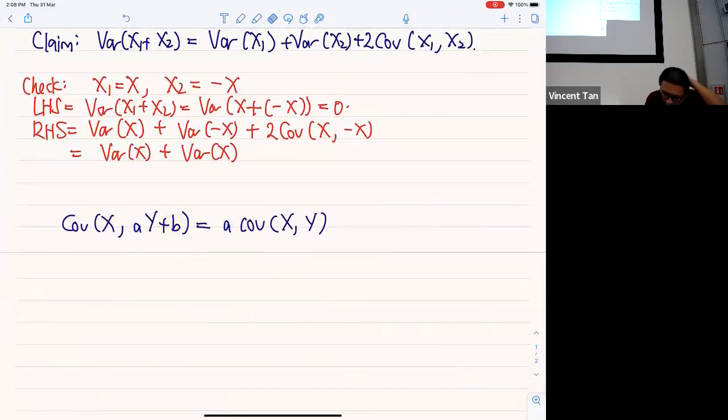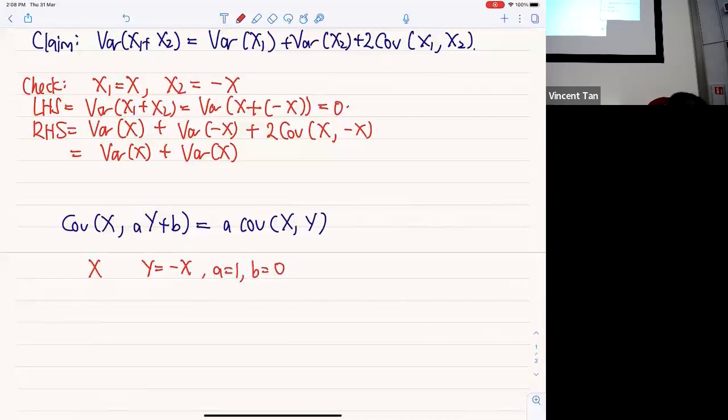Okay. So now we can take our y, we take b to be 0, and we take a to be minus 1, and we take y here to be minus x. So you notice that if you use this particular formula, you take x to be x, you take y to be minus x, and a to be 1, b to be 0.